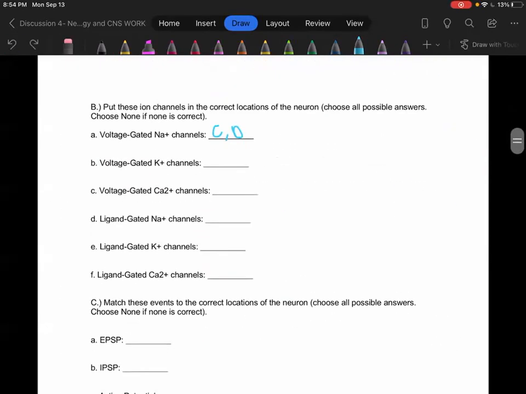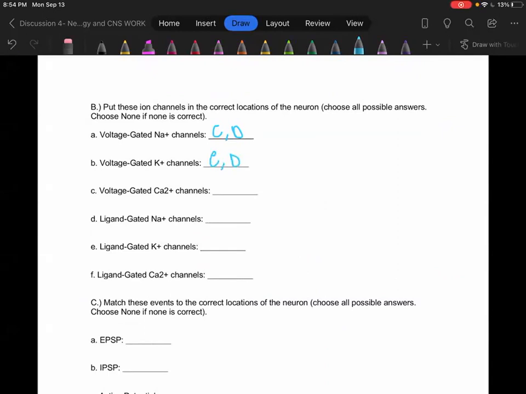And this will make a little more sense in our next example, but let's get these down now. Voltage-gated potassium channels, we would find them in the same place because, again, that's where we find our voltage-gated channels.